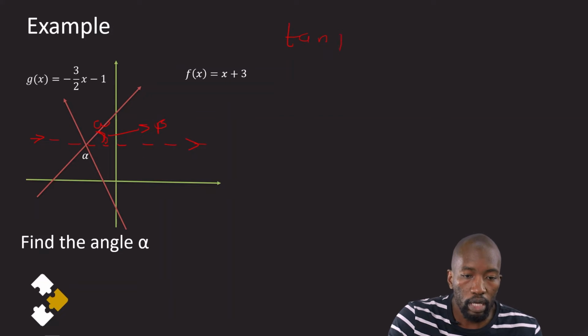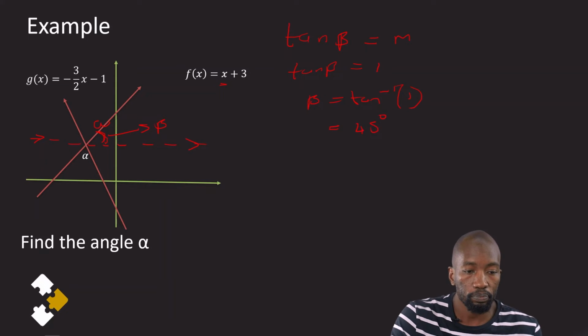So tan of beta would be equal to m. Then we know that tan of beta is equal to the gradient of that line, which is 1. So beta would be equal to tan inverse of 1. Therefore, beta is just going to be 45 degrees.